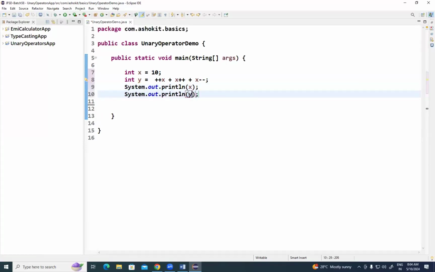Hey folks, could you tell me what the output of this is? You won't get it just by doing it in your mind.